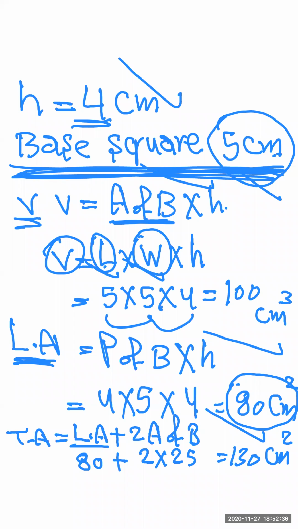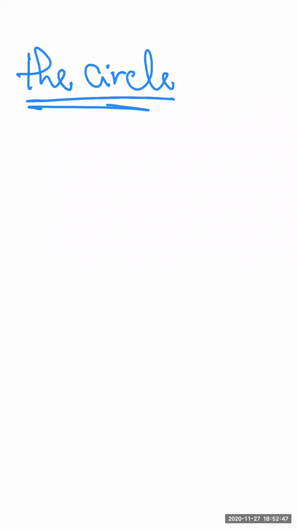Okay, then the next application is about the circle. This one is the center point of the circle. If this one is M as a point, then this one is the radius.